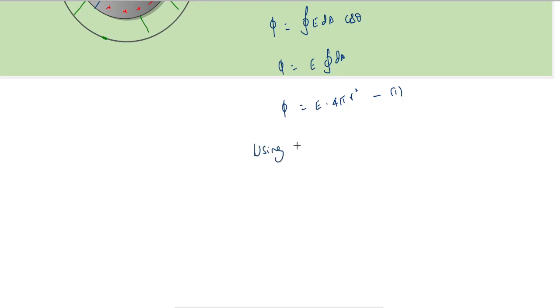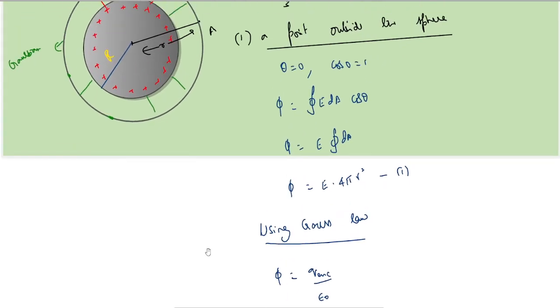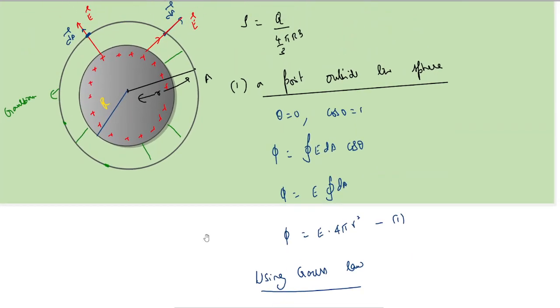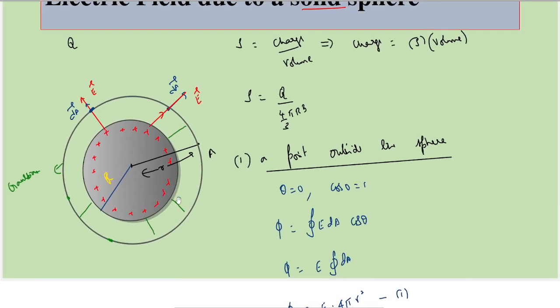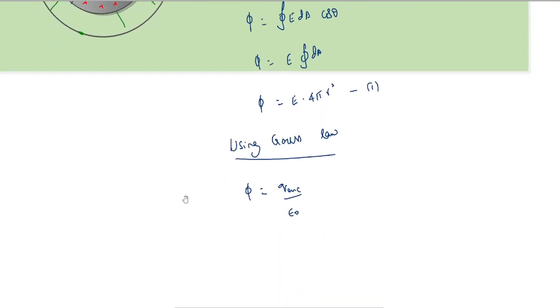Gauss law. So using Gauss law or Gauss theorem, we know that the total electric flux is equal to charge enclosed by epsilon naught. Charge enclosed here is the charge enclosed by the Gaussian surface. Now this surface encloses the total charge capital Q. Therefore, this is equal to capital Q by epsilon naught.